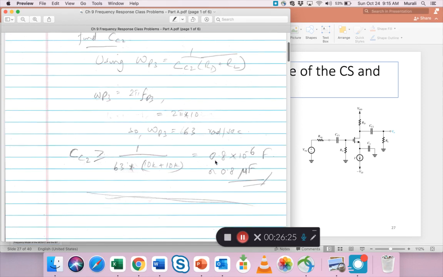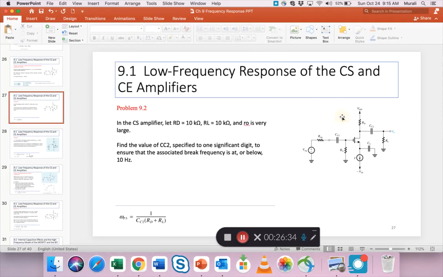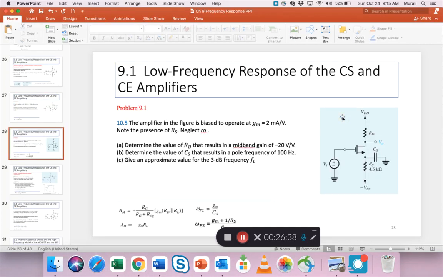So if you solve that, you get a value of 0.8 microfarads for this particular problem. Simple problem. All right, it's too simple. Let's move on to the next problem, which is problem 9.1.